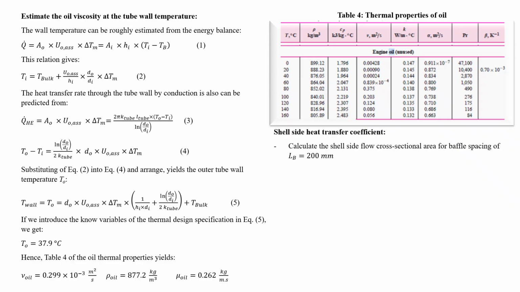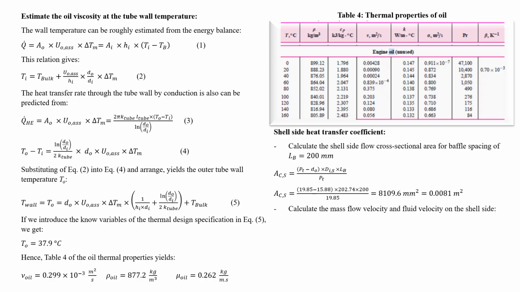And the shell side heat transfer coefficient can be estimated by the assumption that we have a buffer spacing of 200, then the cross-sectional area on the shell side corresponds to this equation, and if we substitute the corresponding value, then the cross-sectional flow area will be 0.0081 meters square.